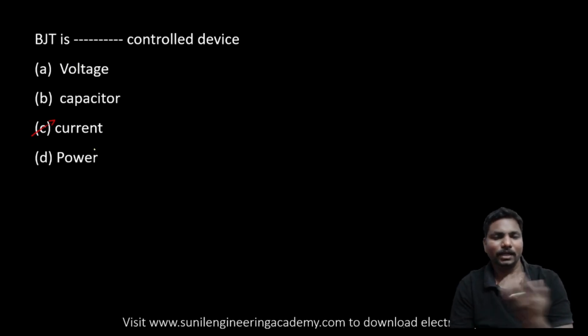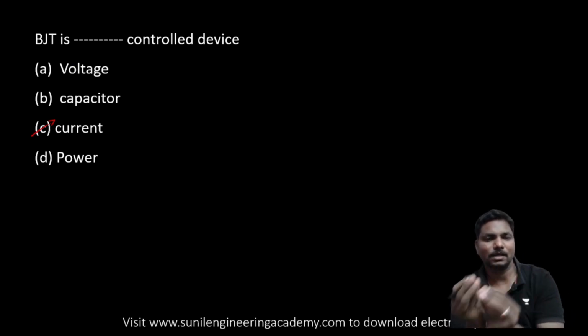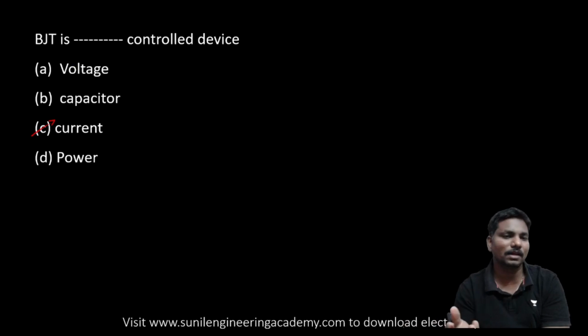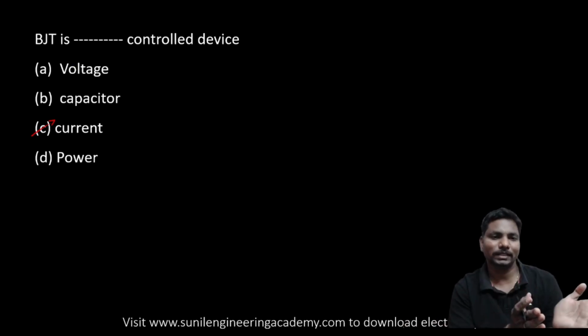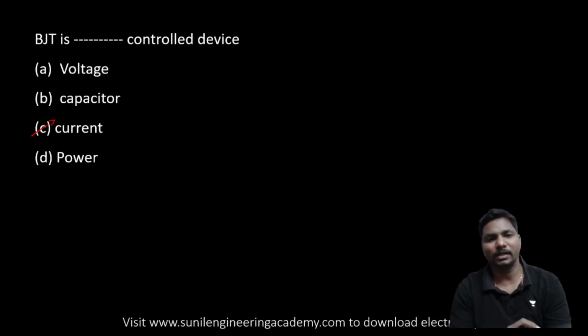In BJT, in any configuration, common base, common emitter, common collector, in all the configurations, output is nothing but current, input is also nothing but current.